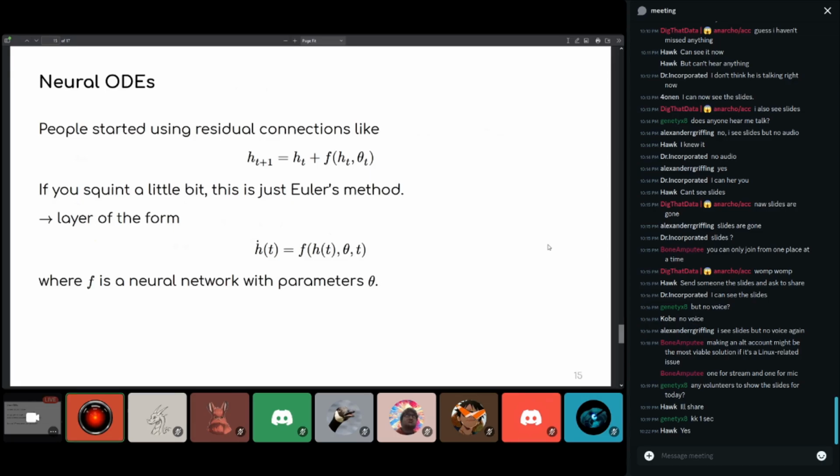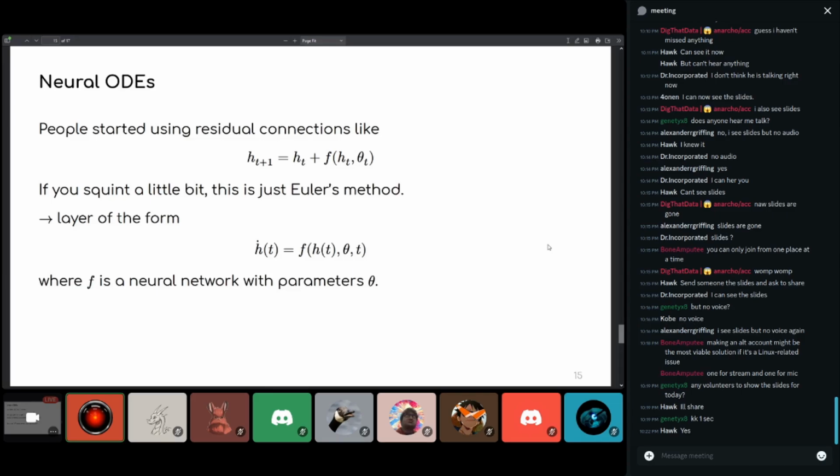On to neural ODEs. I told you this is really the speedrun any percent, so we're going super fast. I just love how if you look at the neural ODE paper, it's all in the first paragraph, because they noticed that people started using residual connections because it made the model train better.